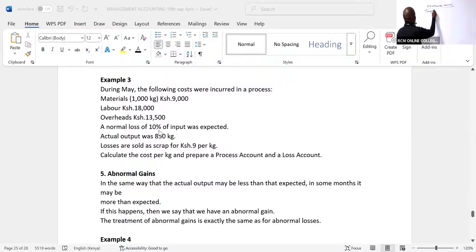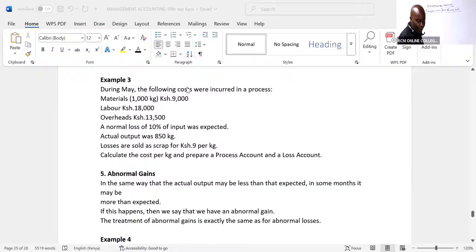A throughput account is an account which gives us the movement of units. Basically, this is a movement of units account. Very, very important: a movement of units account.